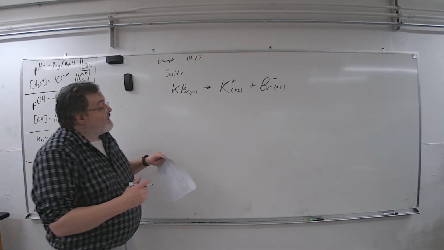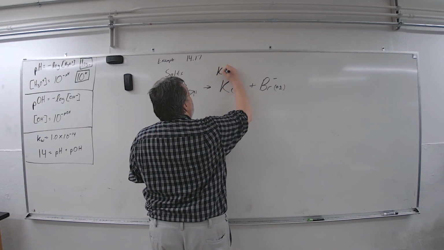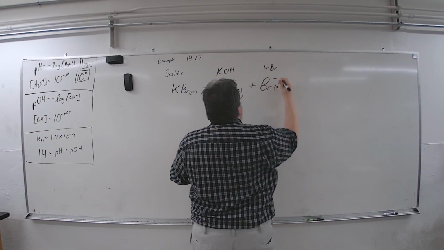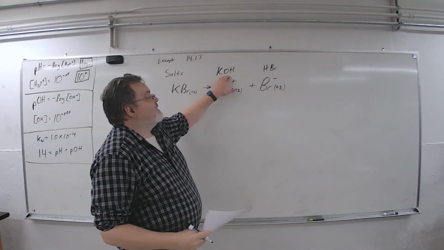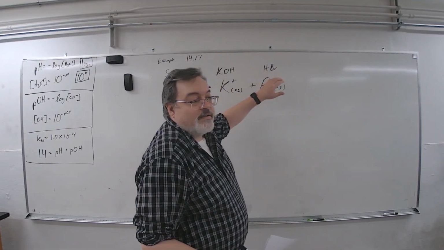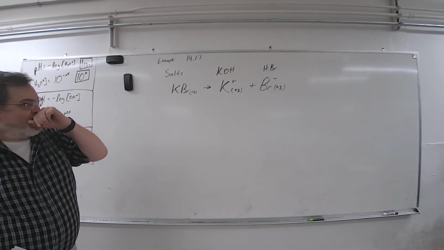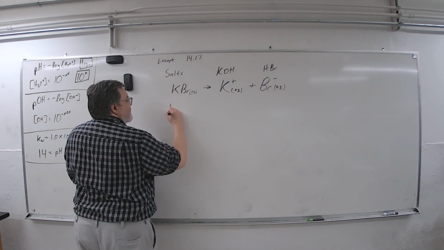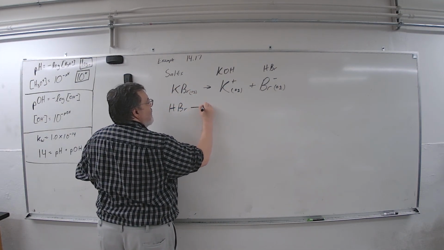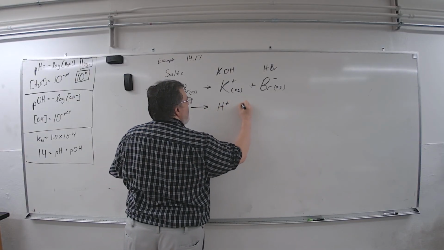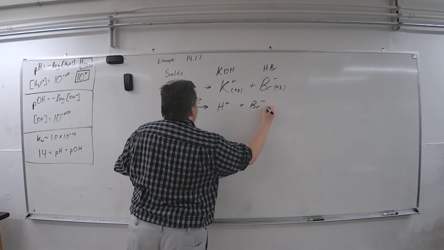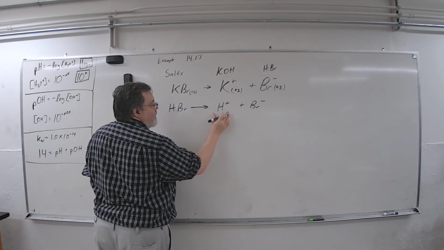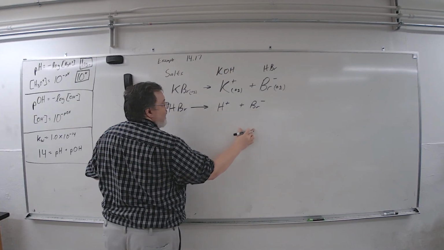But because there is such thing as KOH and there is such thing as HBr, this is in the strong base list, this is in the strong acid list, then these do nothing in water. Let me put it like this. To be consistent, I probably should have said HBr plus H2O, and then I would show H3O plus here and Br minus.